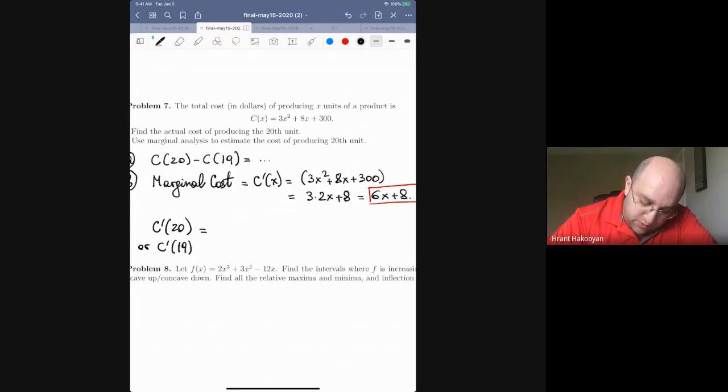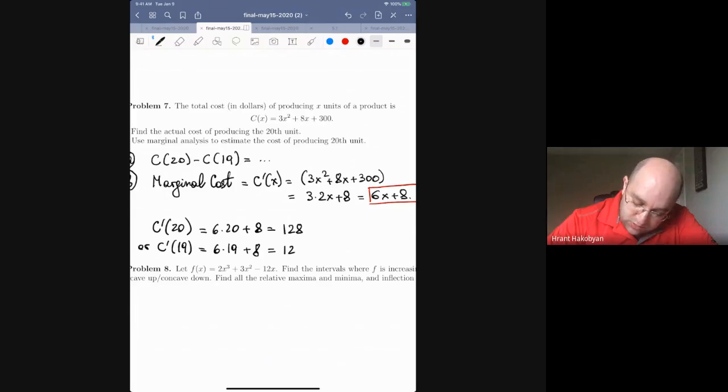So one of them gives you 6 times 20 plus 8. So it's 120 plus 8, so 128. And this other one is 6 times 19 plus 8. So that's going to be 122 if you do the calculation. So it's 6 less than 128, right?